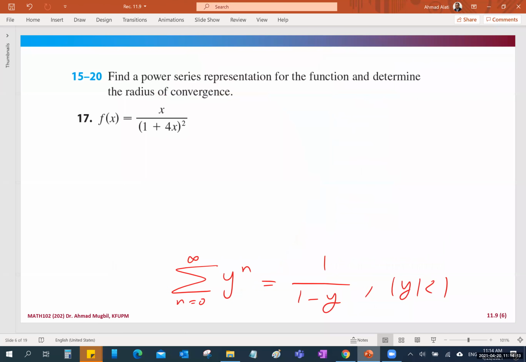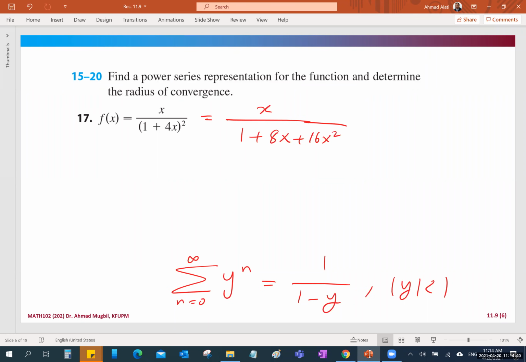I think we expand the denominator. Then you will make it more complicated, by the way. If you expand, you will have 1 plus 8x plus 16x squared. Then it will be x times 1 over 1 plus 8x plus 16x squared.